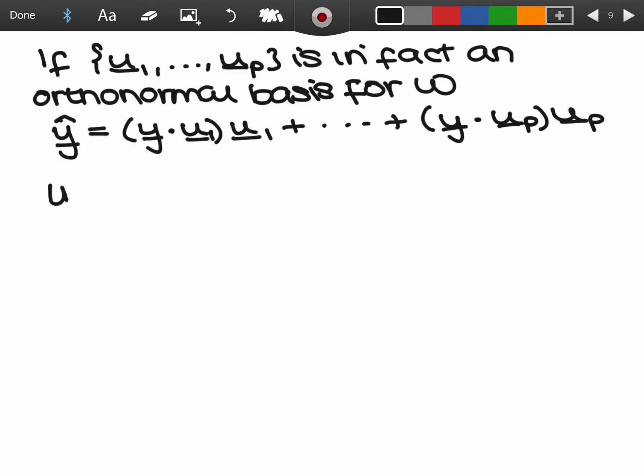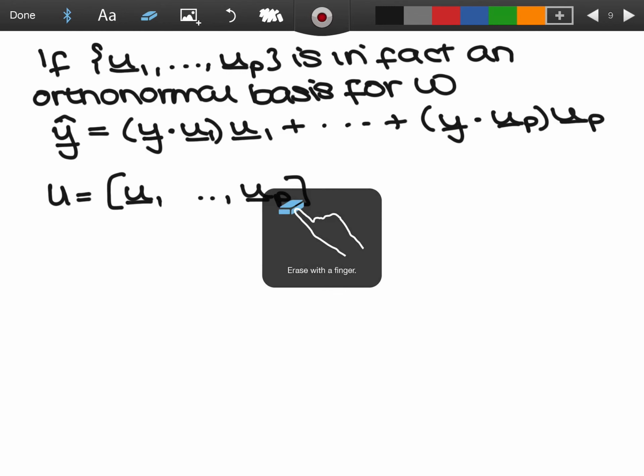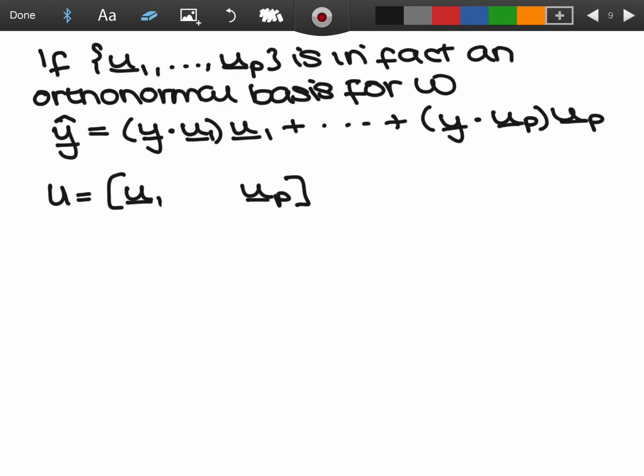If instead you take a matrix U where its columns are this orthonormal basis, I shouldn't have put commas in there, let me quickly change that. So each of the columns of this matrix is one of the basis vectors for W, and u1 through up is orthonormal.